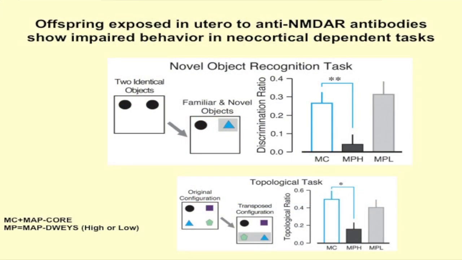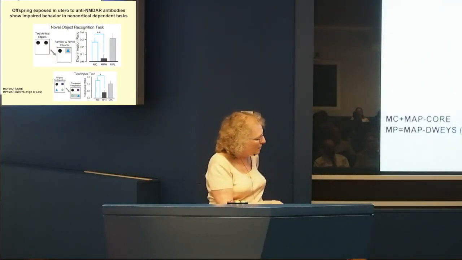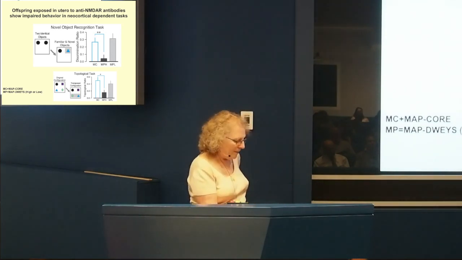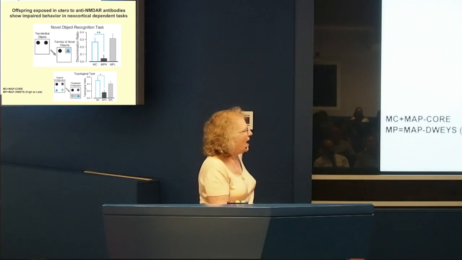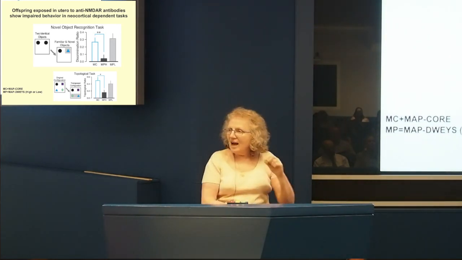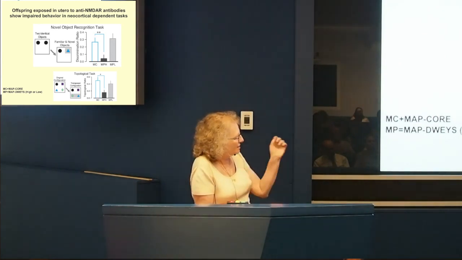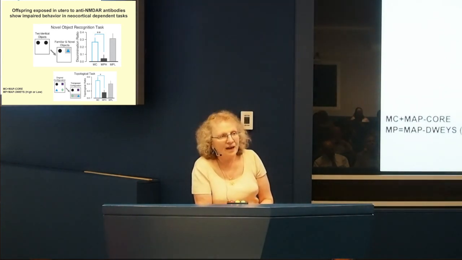And this is a topologic task where you put a mouse in an environment with 4 objects, you change the spatial orientation of 2 of those, and again, most mice will spend most of their time exploring the objects that have been relocated in space, and the mice that were exposed to this lupus-like maternal antibody in utero did not.